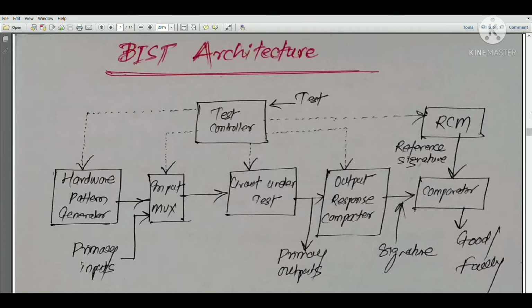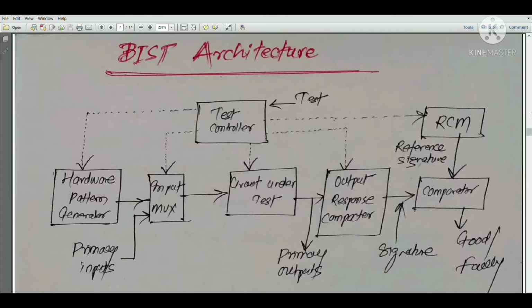The motivation to study this particular testing technique is, in case of the scan based design, the number of test patterns and test vectors generated, as we studied in the last lecture, was very high, and to store those test patterns we require a large amount of memory. If we require a large amount of memory, then after some time it would become impractical to store that much data.